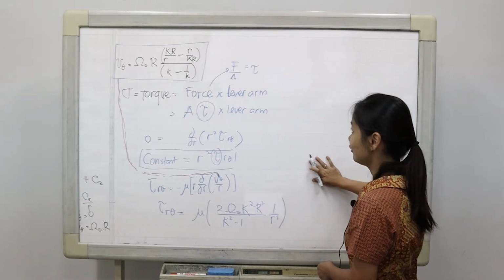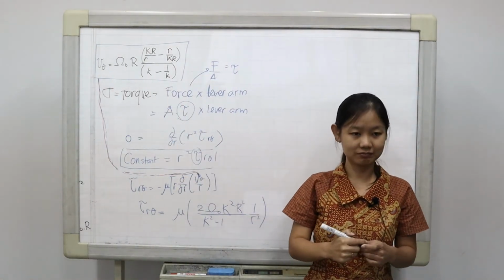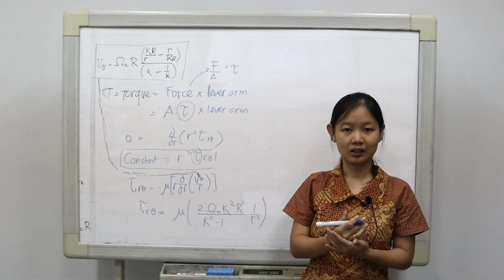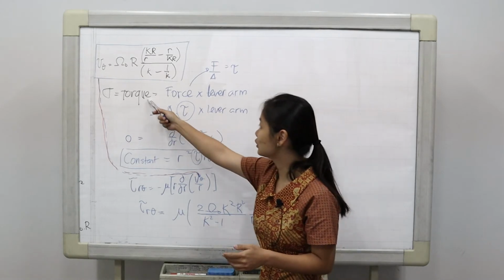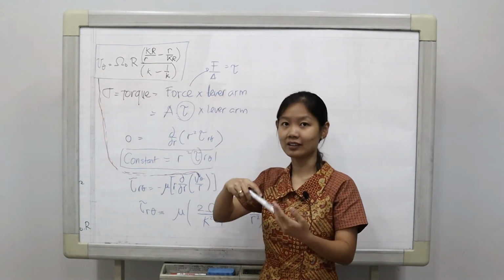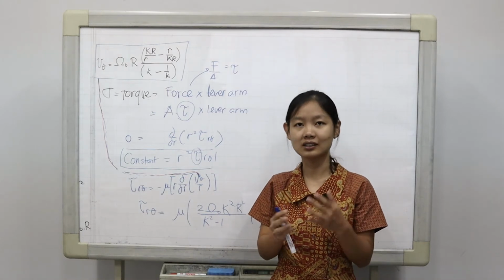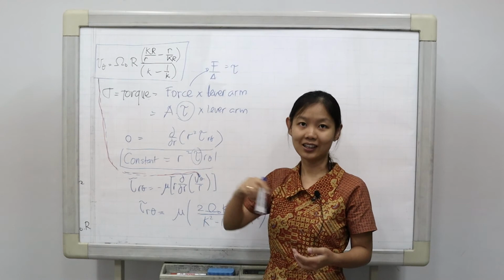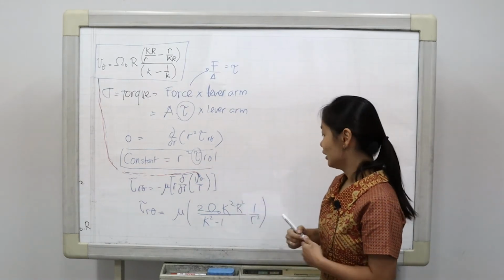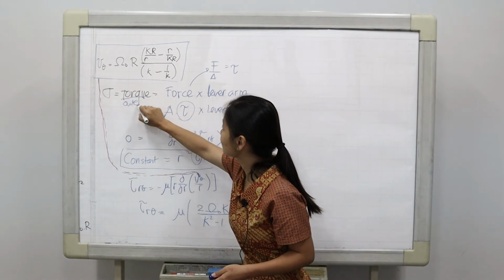If you want to calculate the torque, it's not the force, but the torque to rotate the outer cylinder, because in our case the one that's rotating is the outer cylinder. So what we want to know is the torque at the outer cylinder.